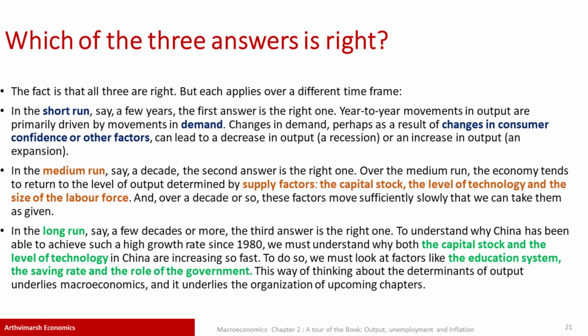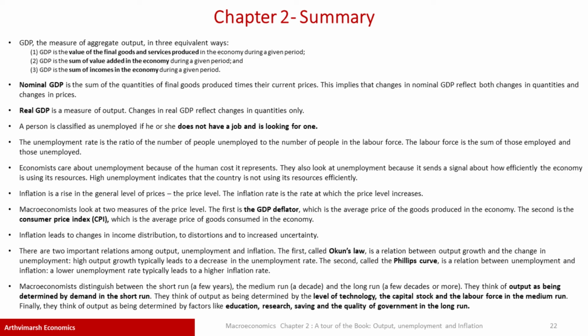To summarize what we have discussed so far in this chapter, we started off with the three measures of aggregate output, that is GDP. Then we talked about the difference between nominal and real GDP. After that, we defined what the unemployment rate is, how to interpret it, then what inflation is and what its key measures are, and why economists should worry about inflation or unemployment numbers.